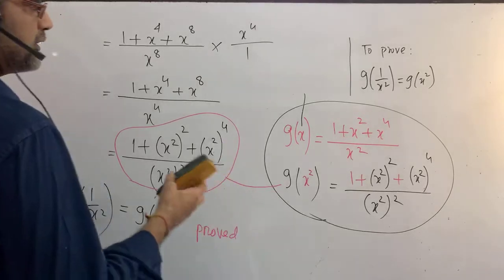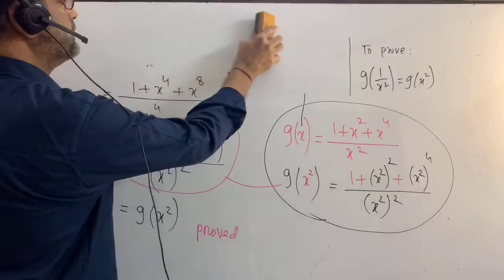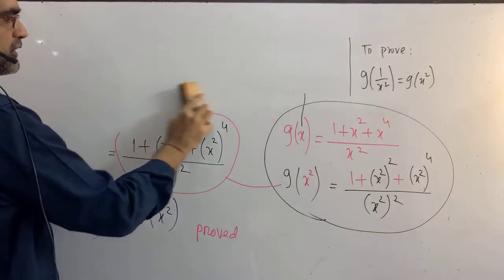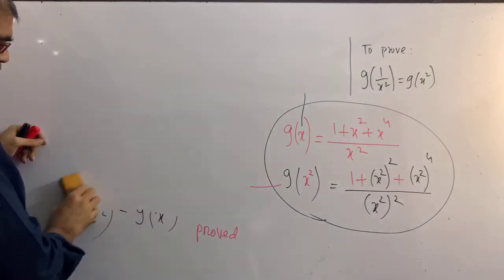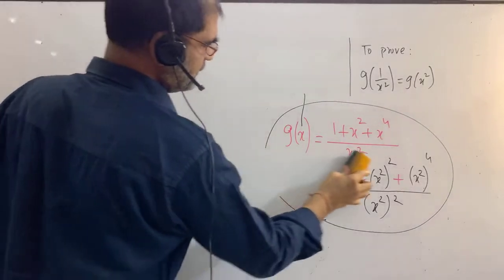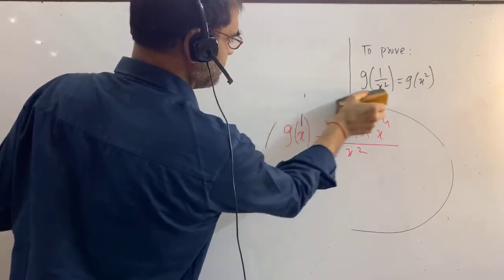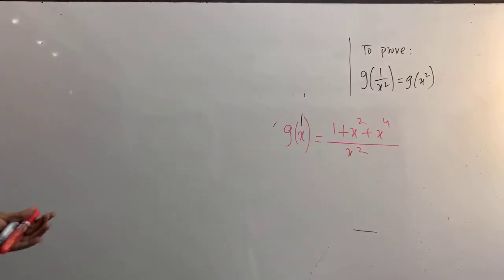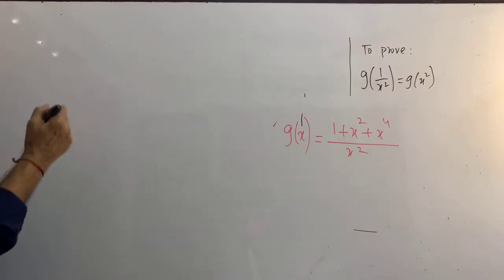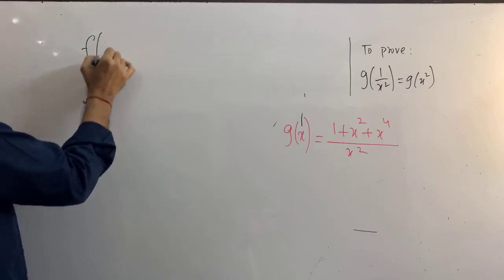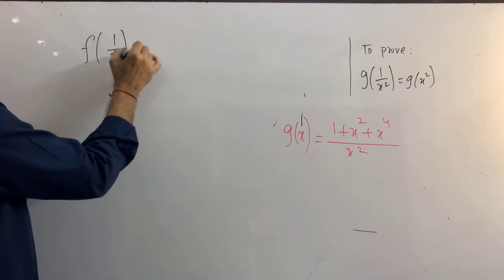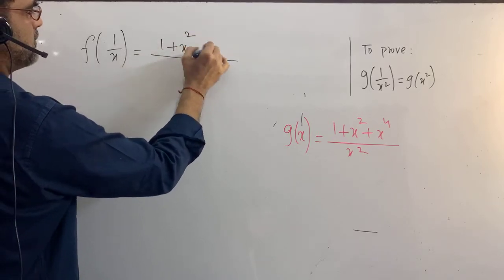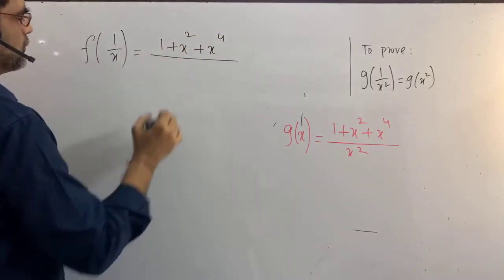Now I know that we have too many advanced students in education. So we started doing the math with this. Can you remember please? Yes, you can. If the math is given like this, f of 1 by x is equal to 1 plus x square plus x to the power 4 by x square.